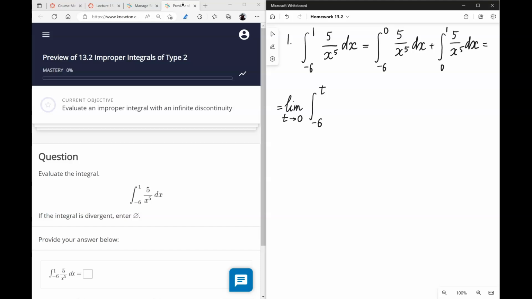So from -6, we're going to approach 0 from the left, and we're going to start from 0 on the right side to go to 1. So s approaches 0 from the right side. But the integrand is the same.